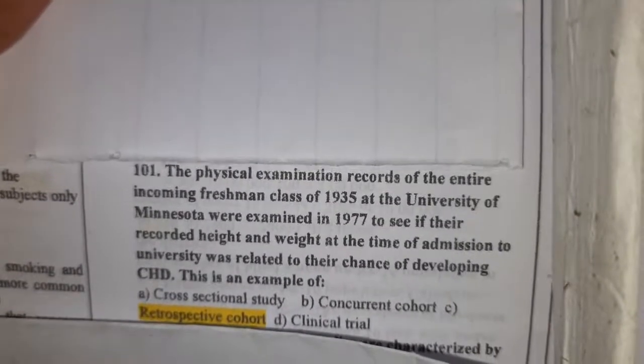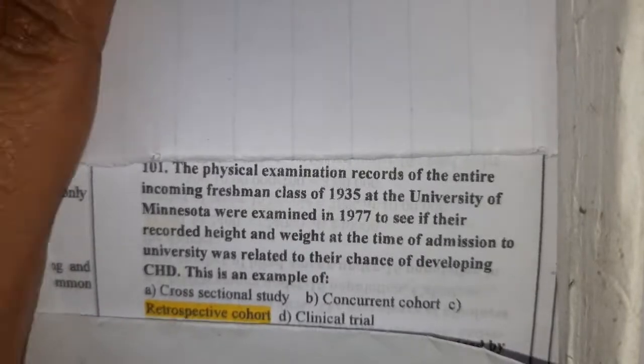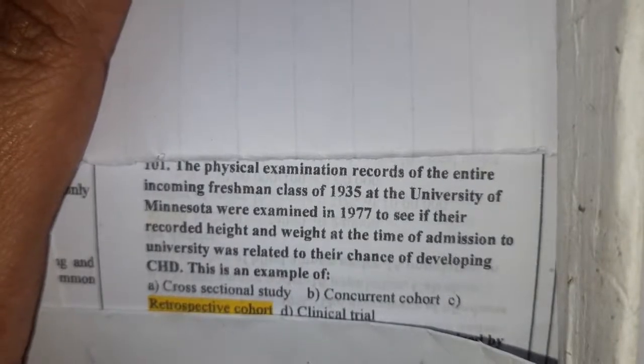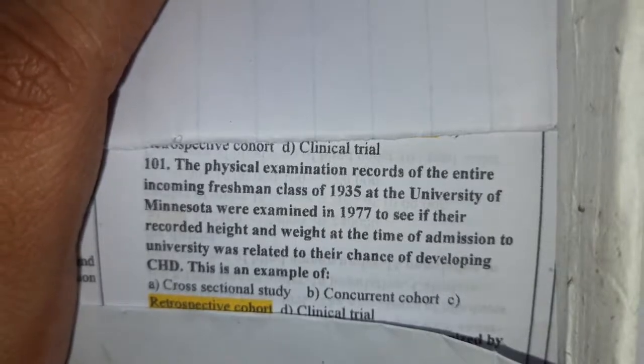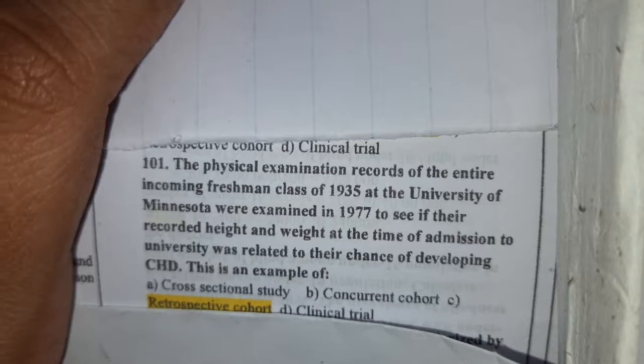Next, the physical examination records of the entire incoming freshman class in 1935 at the University of Minnesota were examined in 1977 to see their recorded height and weight at the time of admission to the university, and these were related to their chance of developing coronary heart disease.